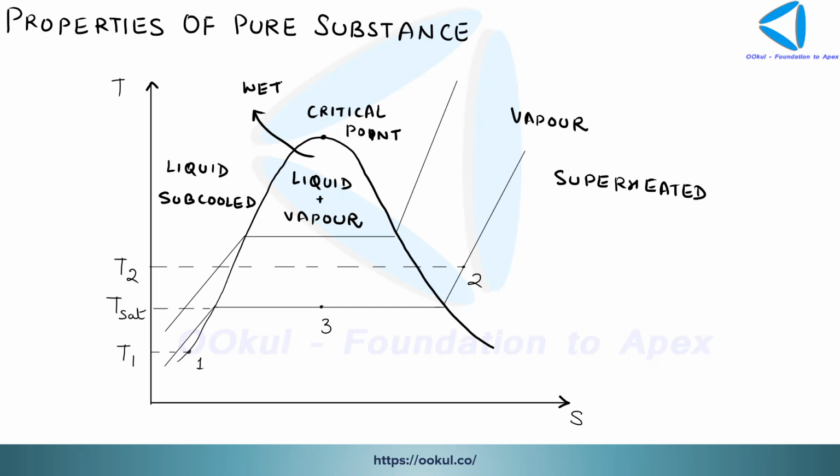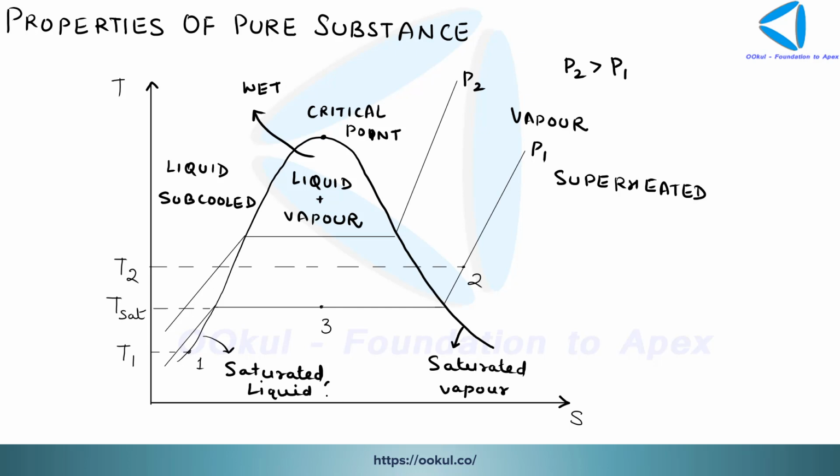Okay, then this is one line at pressure P1, this is another line at pressure P2, and we consider P2 greater than P1. This is the curve for saturated liquid, and this one is the curve for saturated vapor.